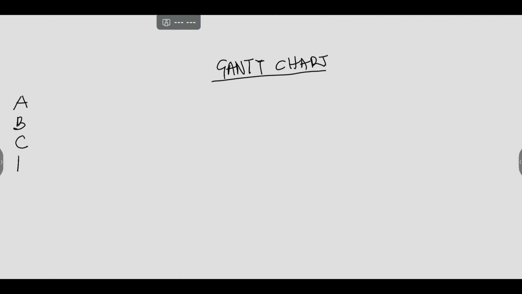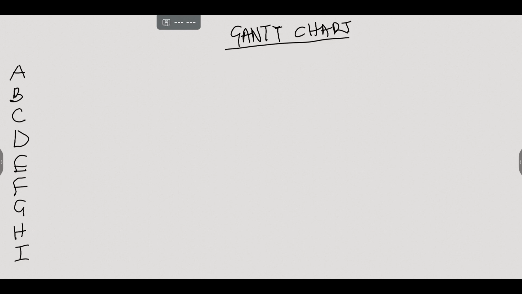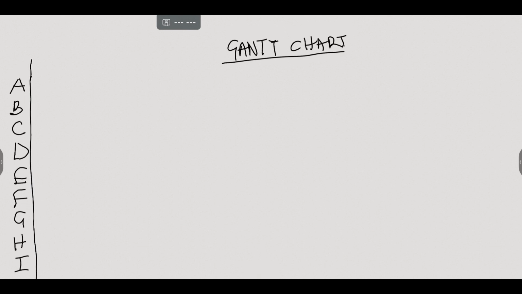D, E, F, G, H, and I. This is the y-axis, and the time to be taken. So this is the x-axis, and they gave us the time in weeks.